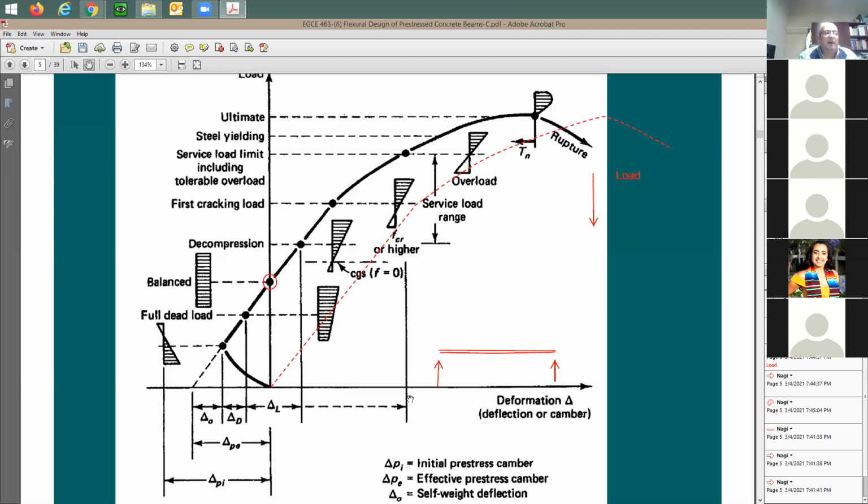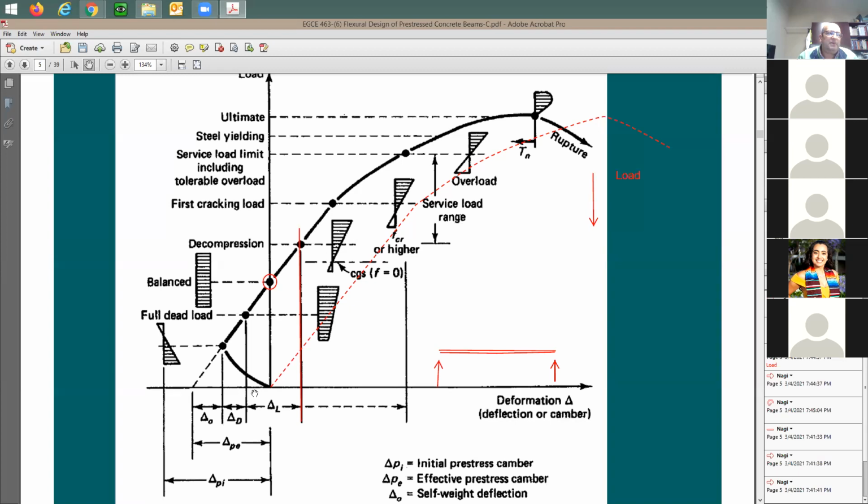Now we're going to start to apply a little bit of some loads, right? Our design load is going to be all the way to here. This is why it says here delta life, deflection due to live load. So in here, the balanced load is going to be all the way from this point to this point.